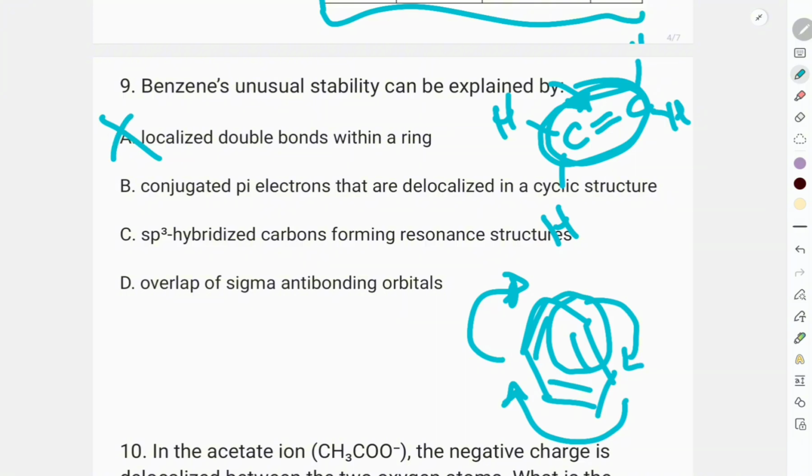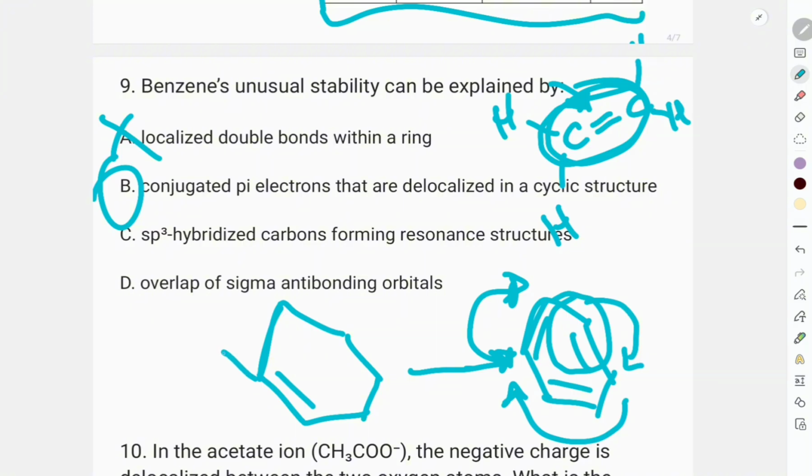B said conjugated pi electrons that are delocalized in a cyclic structure. This is correct. We talked about this. C says sp3 hybridized carbons forming resonance structures. If I take one of these carbon atoms here, I'm going to draw this a bit better for you.